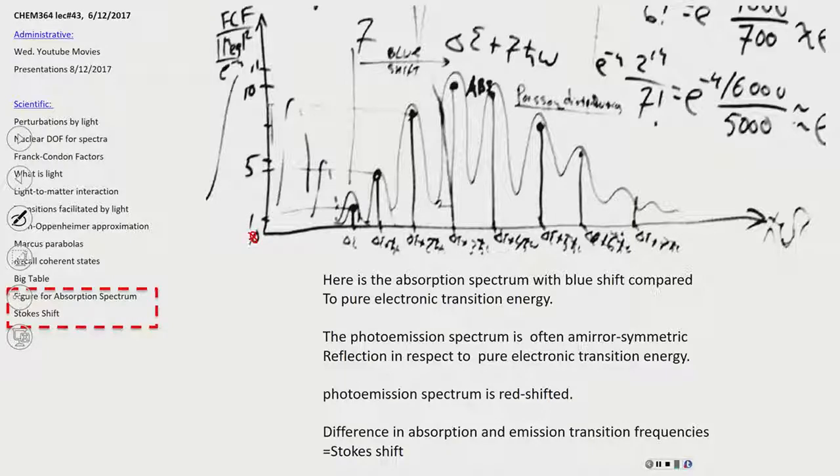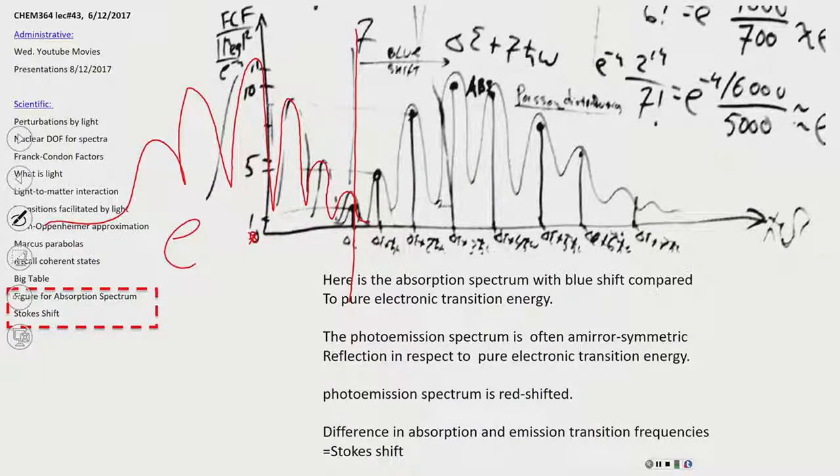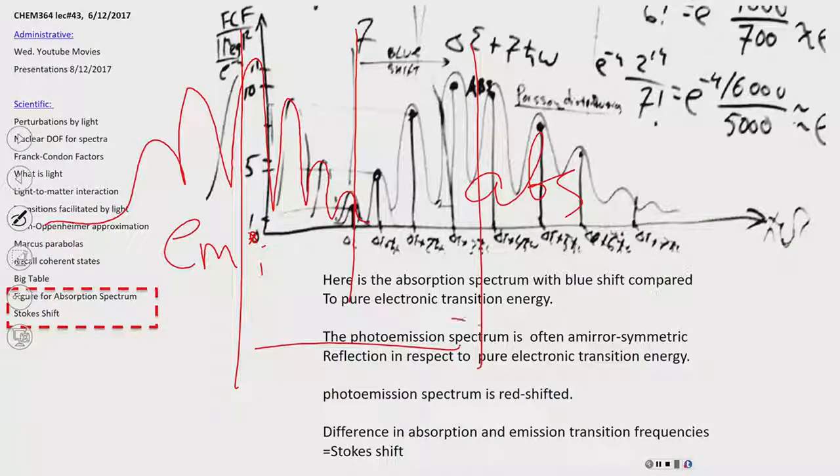So if this gray thing is absorption, then emission will have the same shape, but it will look like a mirror reflection. Emission, absorption, and the difference in the maximum is the Stokes shift.